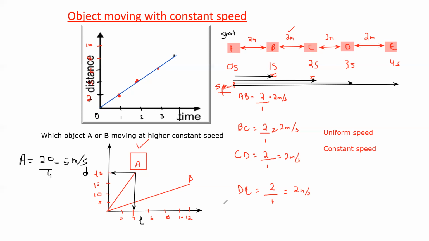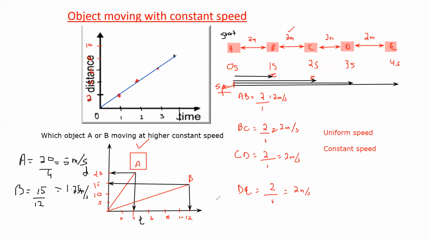But what about B? For B, it covered 15 meters in 12 seconds. So for B, it will be 15 divided by 12, which is equal to 5 by 4, or 1.25 meters per second.